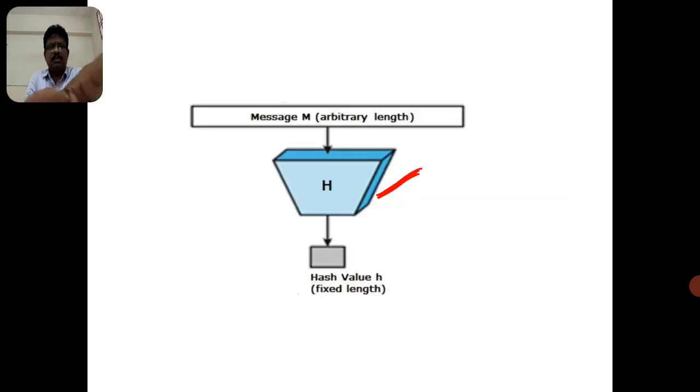Coming to this picture, we already identified this: the variable length message M is converted into the fixed length value which is called the hash value.